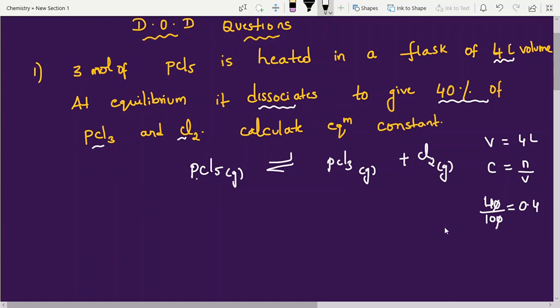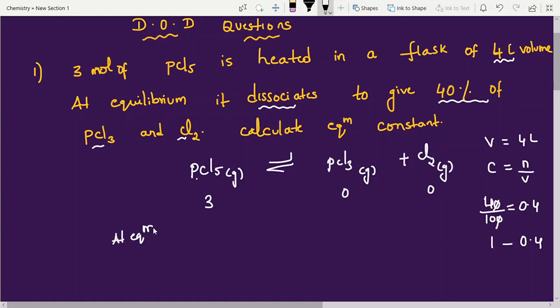If you solve questions like this, it will take less than 1 minute, and you will get the correct answer also. For 1 mole, 0.4. But starting, how many moles of PCl5 they have given? 3. This is starting 3. Products is 0. Always at the start the reactant's concentration is more, and products is 0. Right. Now at equilibrium.